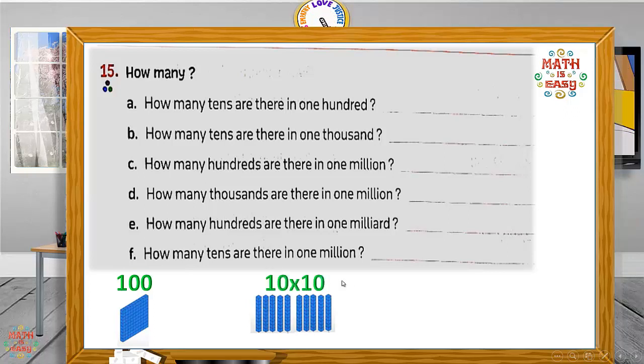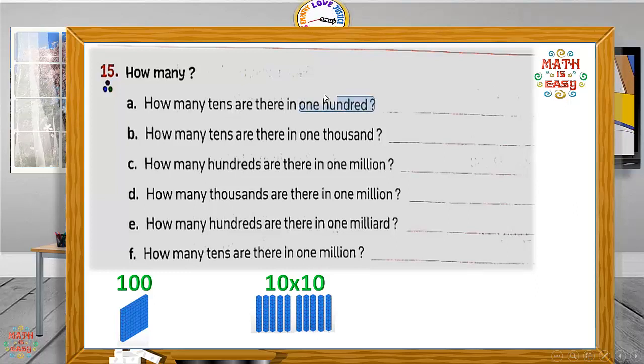So 10 times 10. That means 100 has 10 tens. So the answer here you should write is 10. But I will tell you another way to solve this exercise quickly without any problem. How many tens are there in 100?